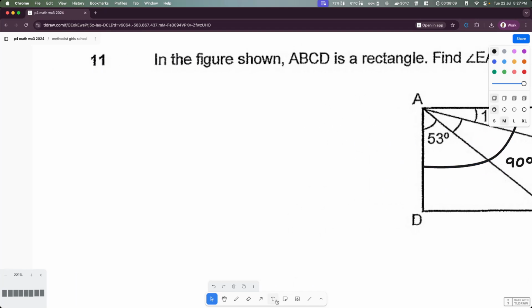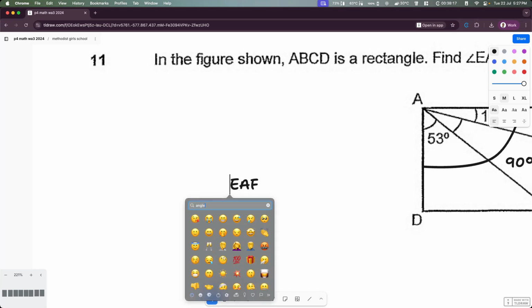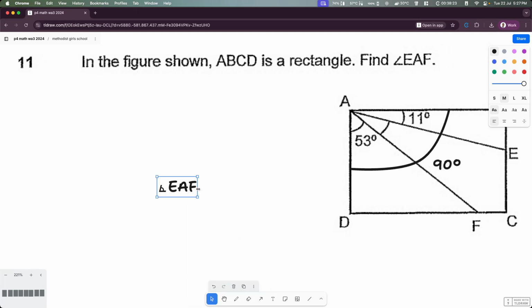Pretty straightforward. So angle EAF over here. The angle EAF is equal to 90 minus 53 minus 11. Always double check your workings.